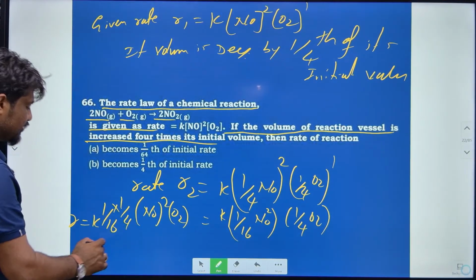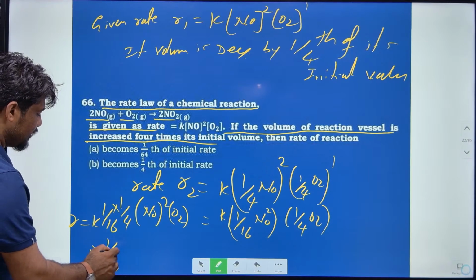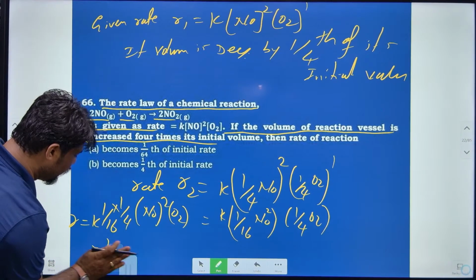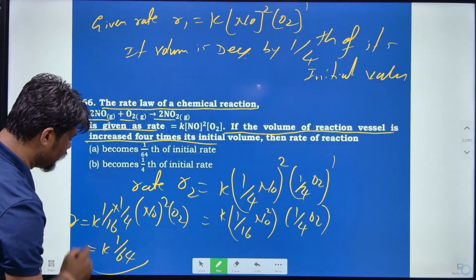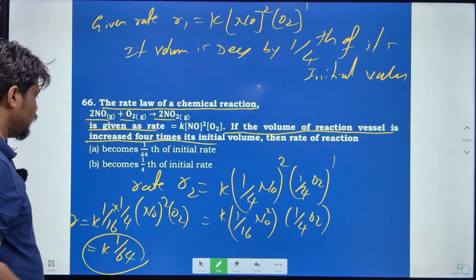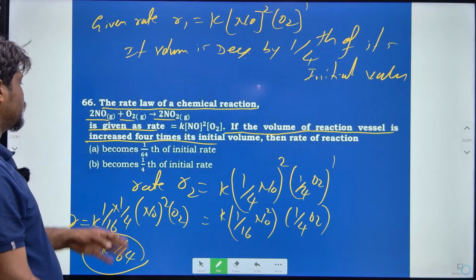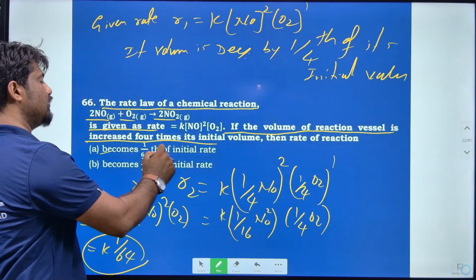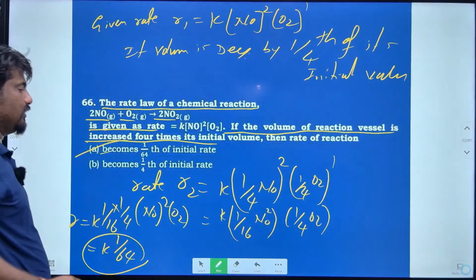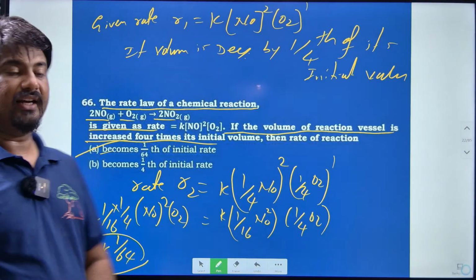So 16 fours are 64, which is 1 divided by 64. K into 1/64 times here. Where have they given it? Yes, the first option itself. The value becomes 1/64th of the initial rate. So answer A is the right answer for the question here.